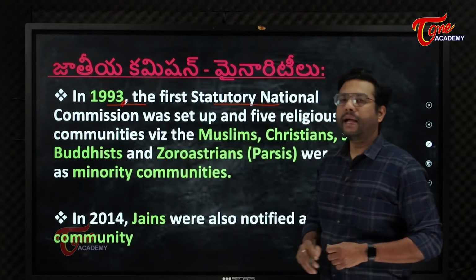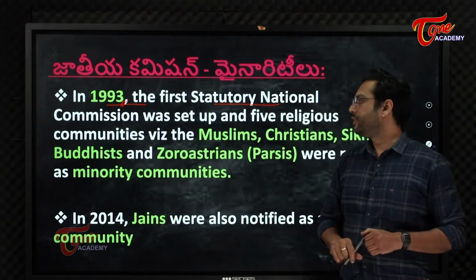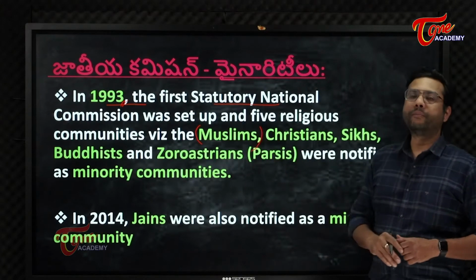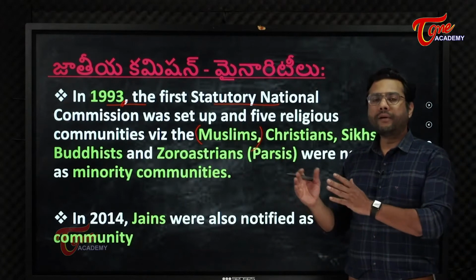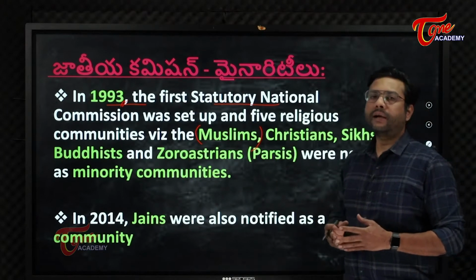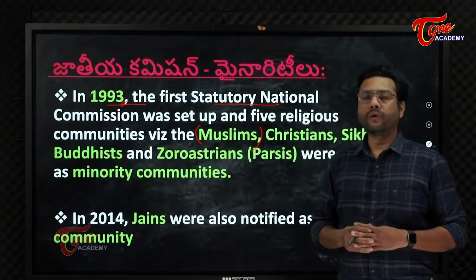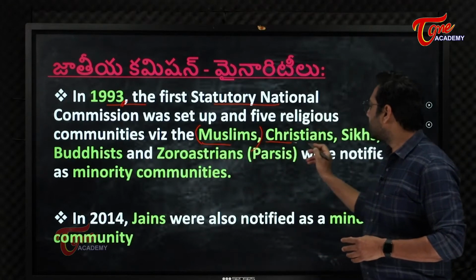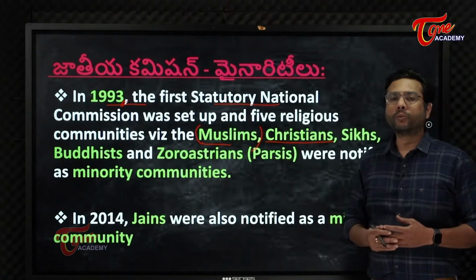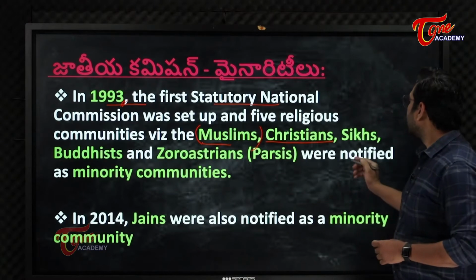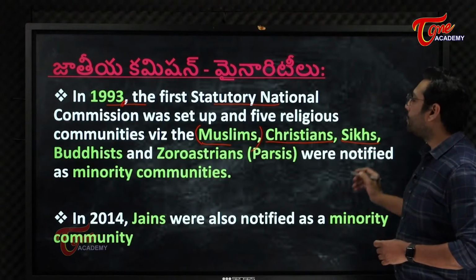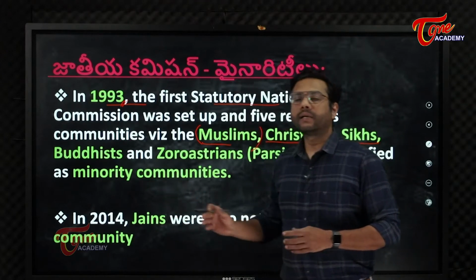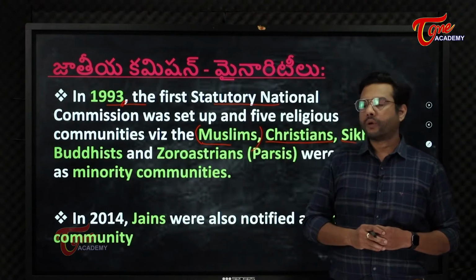Initially we had 5 religious groups, and among them Muslims were important, because at present they have more than 14% of the population. Then we have Christians, who are almost around 2.7% of the population, then the Sikh community, Buddhists, Zoroastrians and Jains, who are no less than 1% of the population.